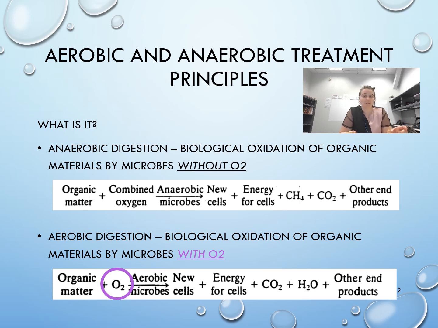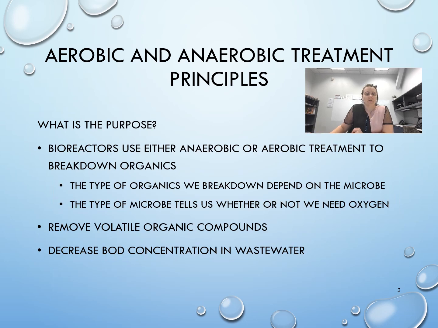So A-N is without, and A-E-R-O, that root, is oxygen. If that helps you, that's a good way to think about it. So that's the key difference between the two. You either have oxygen or you don't. The microorganisms that you use in both of these treatment processes are going to be different as well. So keep in mind that they're not the same organisms that are going to do these processes.